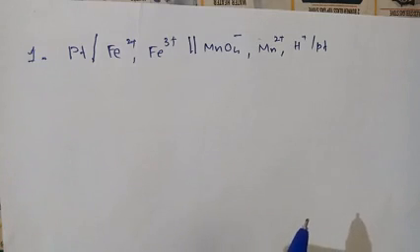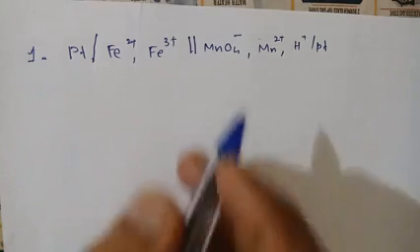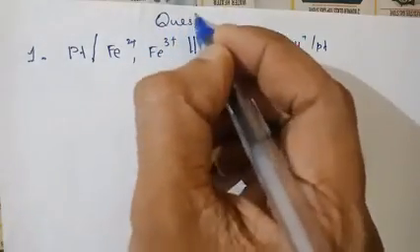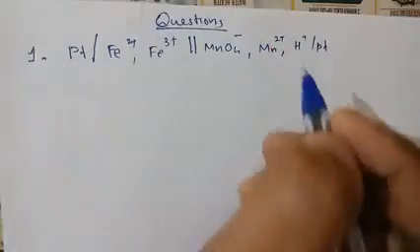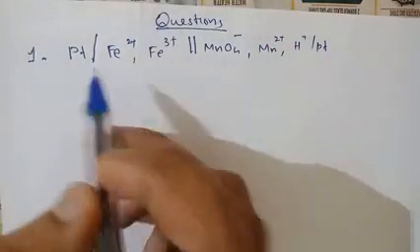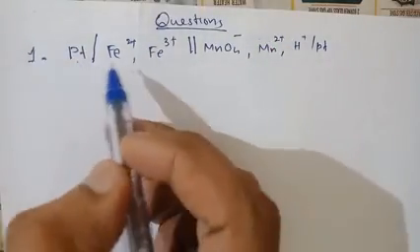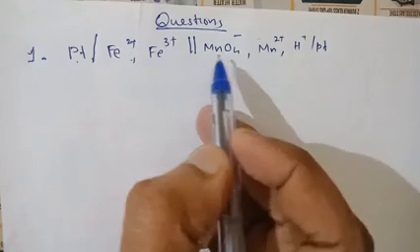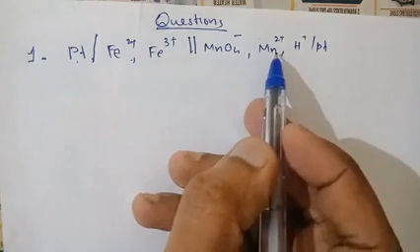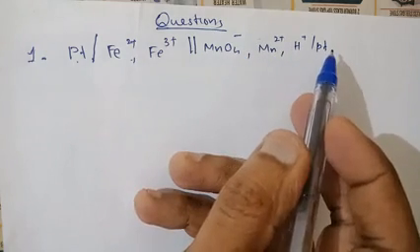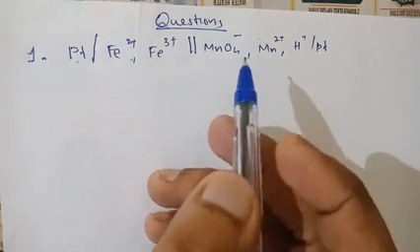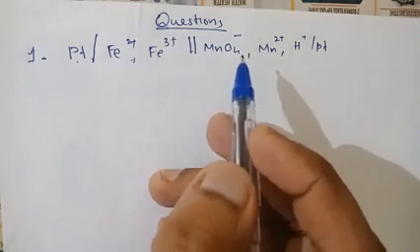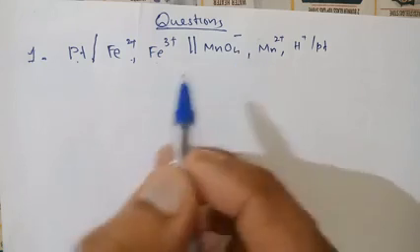So here one question is there. We should discuss the question part here. Simple question: Pt | Fe2+, Fe3+ || MnO4-, Mn2+, H+ | Pt. We have to write the cell reaction using the cell notation.